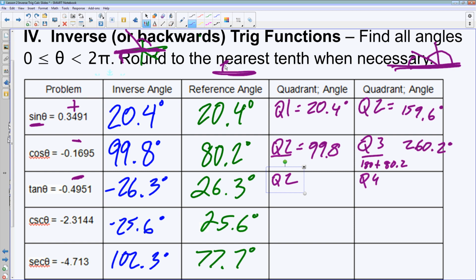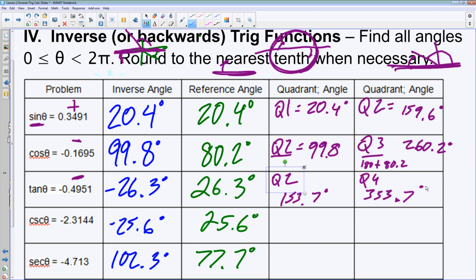So 180 minus 26.3 gets me 153.7 degrees. Quadrant 4 is a little bit different. Normally we just subtract from 180, but remember quadrant 4, we've almost got a full circle, so we're going to actually subtract from 360. So 360 minus 26.3 is 333.7 degrees.